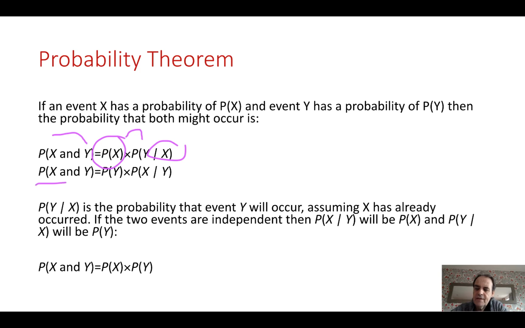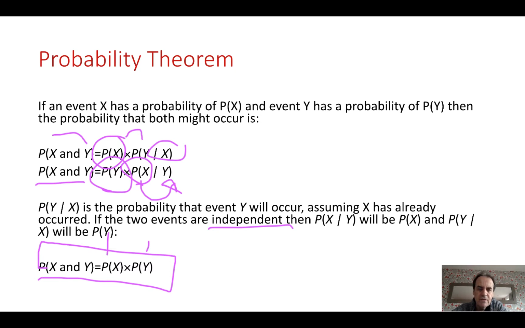And the same again for X and Y: it's the probability of Y times the probability of X knowing that Y has already occurred. And then finally, if they're mutually exclusive or independent of each other, the probability of X and Y is equal to the probability of X times the probability of Y.